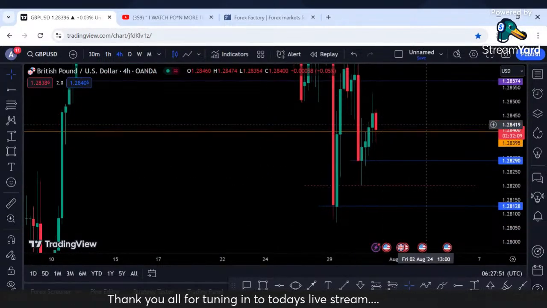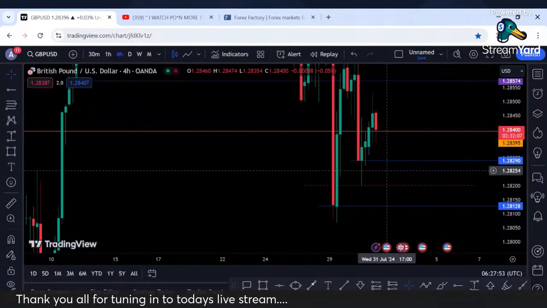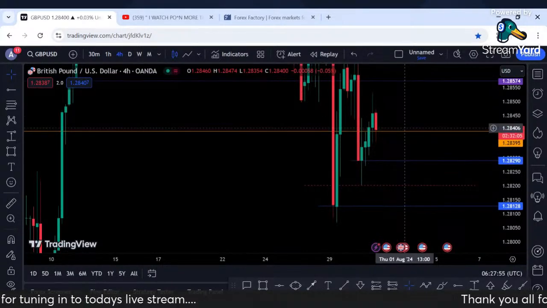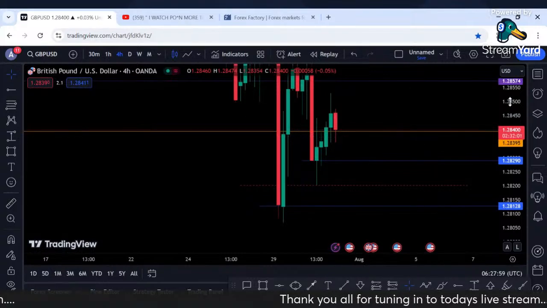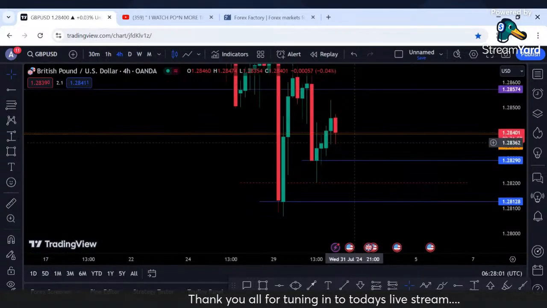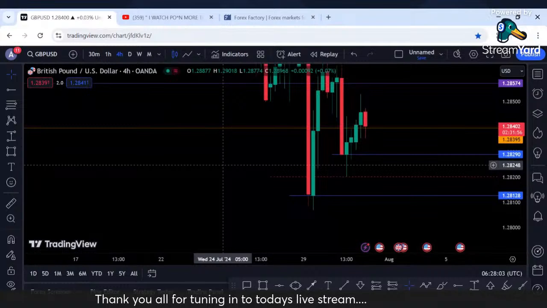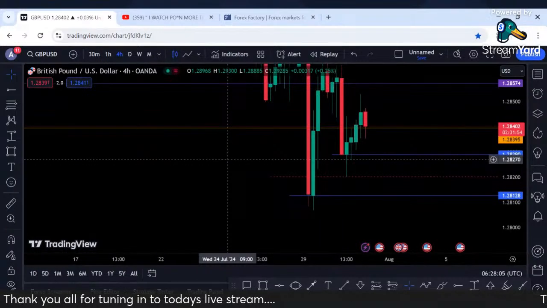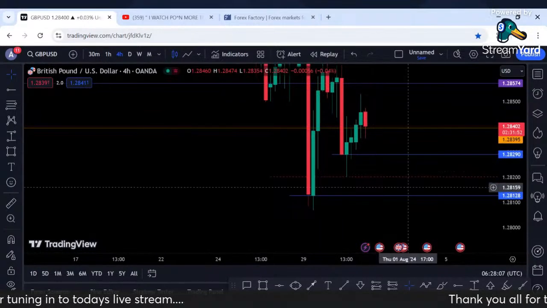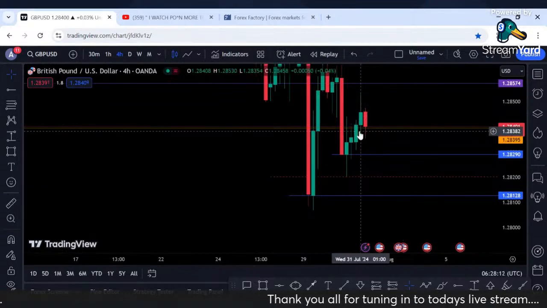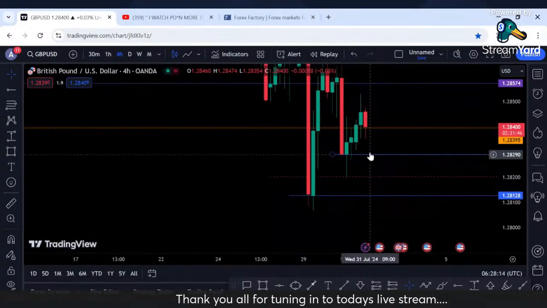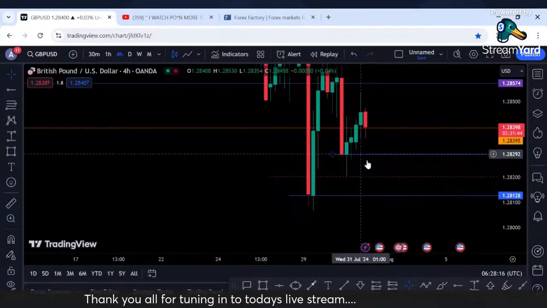The high time frame support and resistance zones are very important. If you try to do something contrary to what the support and resistance are saying, the market is going to mess you up. So it's always important to make sure it has broken. Then you trade safely.